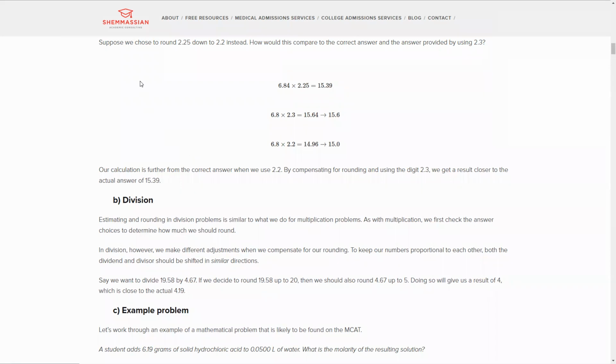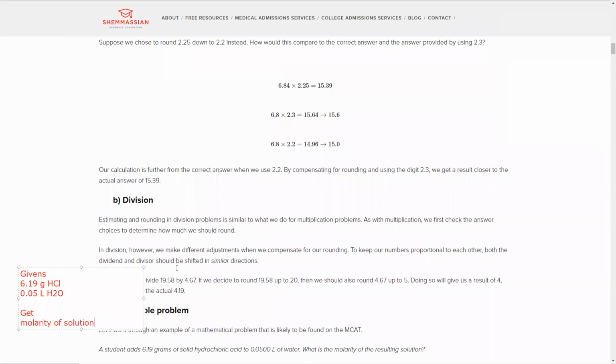So in this case, what have I been given? I'll just write on the left my givens. I was given that a student added 6.19 grams of HCl, okay? And they gave me that they added it to 0.05 liters of water. And what they want me to get is the molarity of the solution, of the HCl in the water.